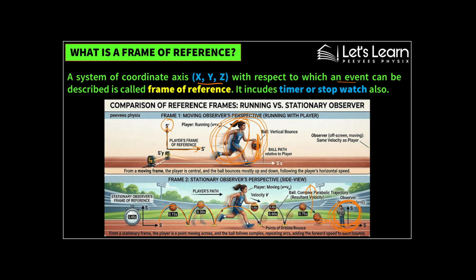Why? The ball, for him, he feels the ball is moving right and up as shown in the picture. So the frame of reference contains four coordinate systems: x coordinate, y coordinate, z coordinate and time coordinate, with respect to which we describe an event.